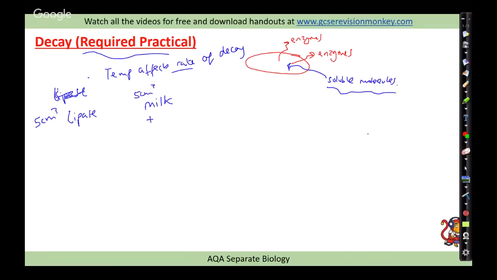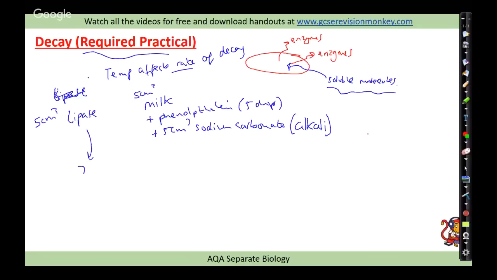We need to add an indicator, and for this one we'll use phenolphthalein, and we would put, say, 5 drops in there, and we would also add some sodium carbonate. The sodium carbonate is going to make our solution an alkaline solution. So we would put these into test tubes or boiling tubes.